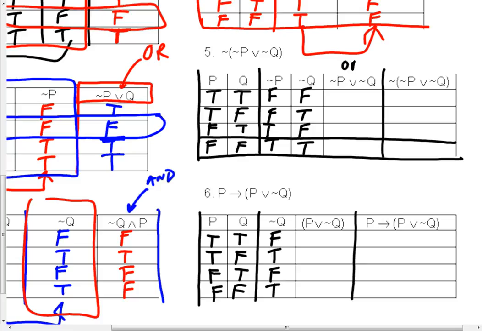Looks like we have two or scenarios. And then we have a negation here. What does this mean? Another conditional. Does order make a difference with a conditional? Yes. Make sure that you're looking at it in the right order. Hypothesis to conclusion.